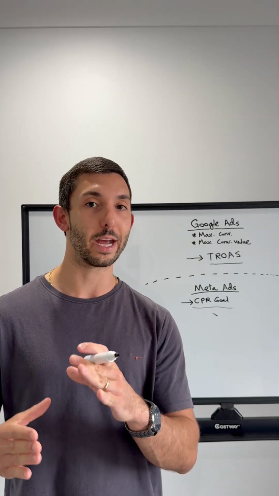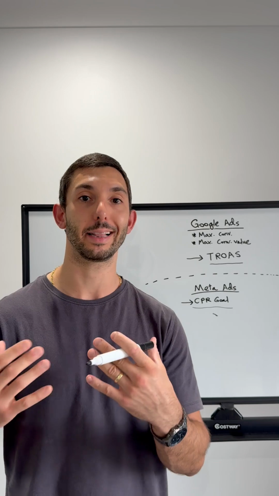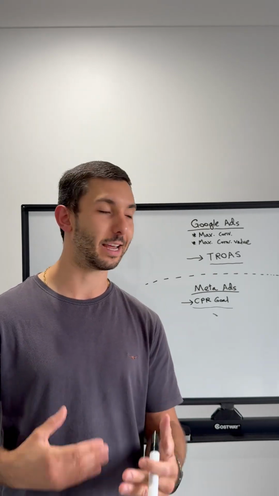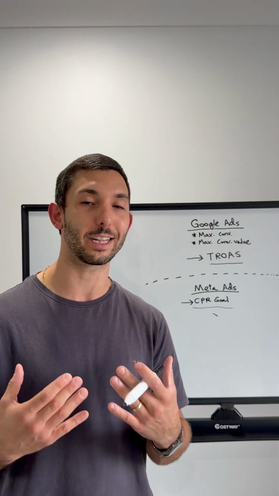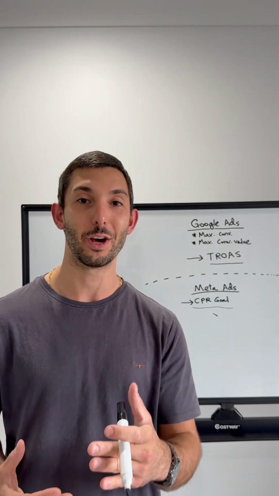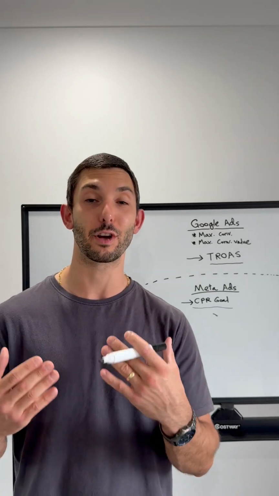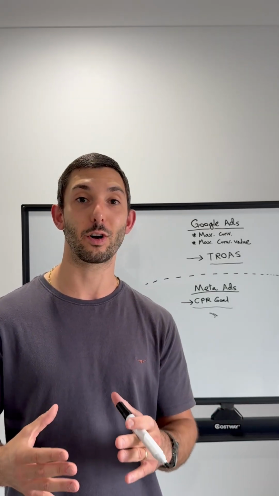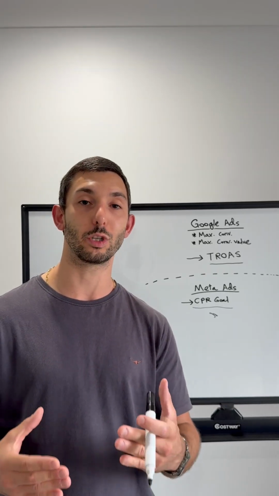So it won't have much room to experiment and deliver to people who may convert. If it doesn't have enough conversion data at the time you set that cost per result goal, it's going to be overly cautious, hampering your delivery.